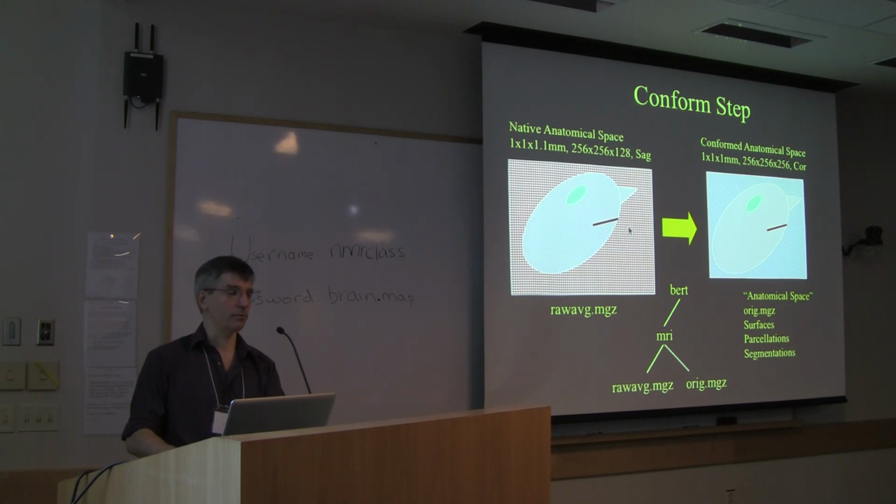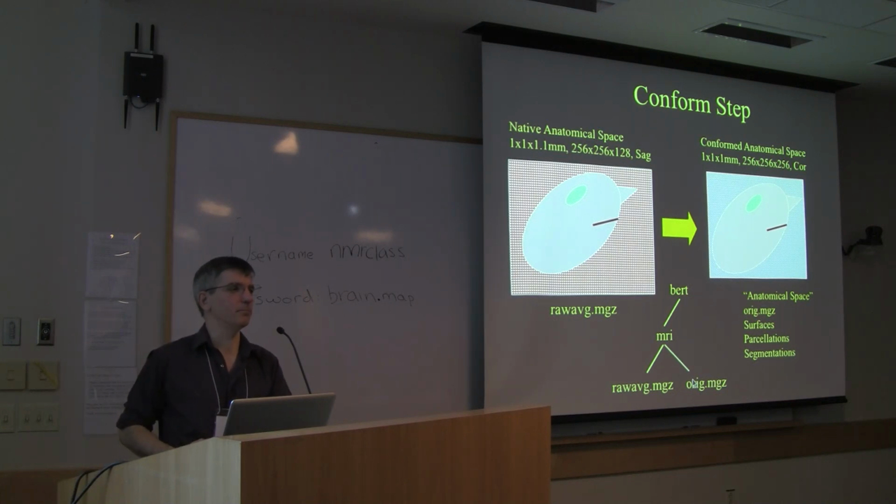The first step that FreeSurfer is going to do is take it and conform it so that it's 1 millimeter isotropic, 256 cubed, in a coronal slice format. That's going to be called the orig.mgz. And orig originally meant original, which would make you think that it was the first thing in the pipeline.